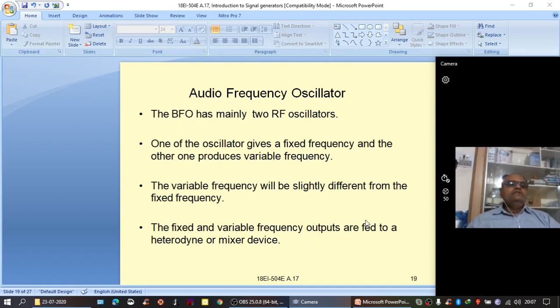The beat frequency oscillator mainly consists of two radio frequency oscillators. Here is the point which is very interesting. The circuit of a beat frequency oscillator consists of two radio frequency signals which are not audible. One oscillator gives a fixed frequency and the other one produces a variable frequency.